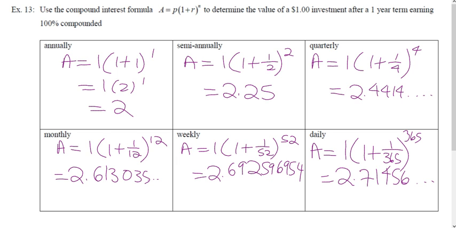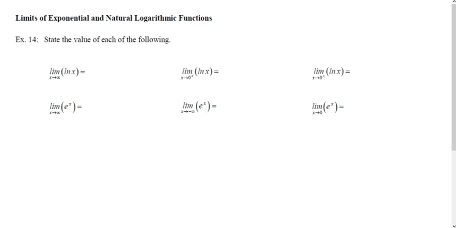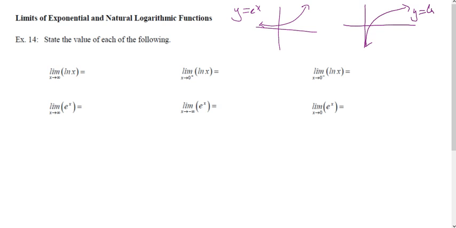So now we just have to fill in the blanks, and we'll be done. Just think of e to the x and ln x. I was going to write them on the board, but I suppose we should put them here. Y equals e to the x. Y equals ln x.